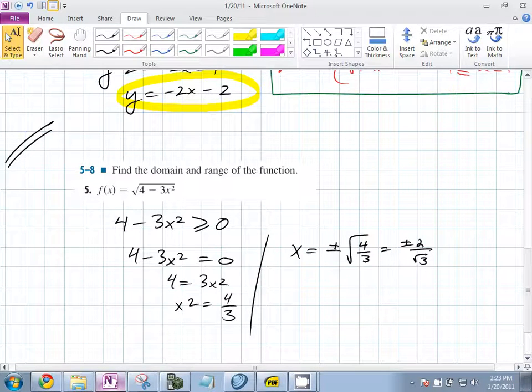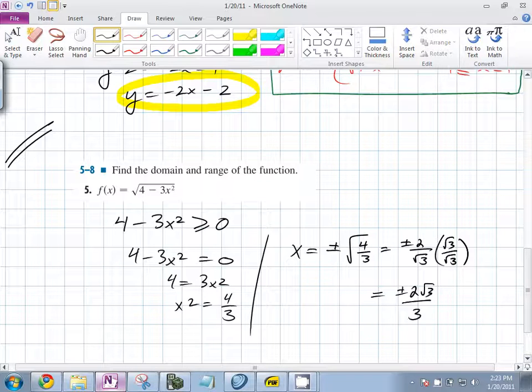Trig. Generally, though, do you like radicals in the denominator? Generally, no. Once you take more math, it becomes irrelevant. So you rationalize the denominator by multiplying by root 3 over root 3. You're actually multiplying by what? 1. It's called the multiplicative identity. So you end up with plus or minus 2 root 3 over 3.